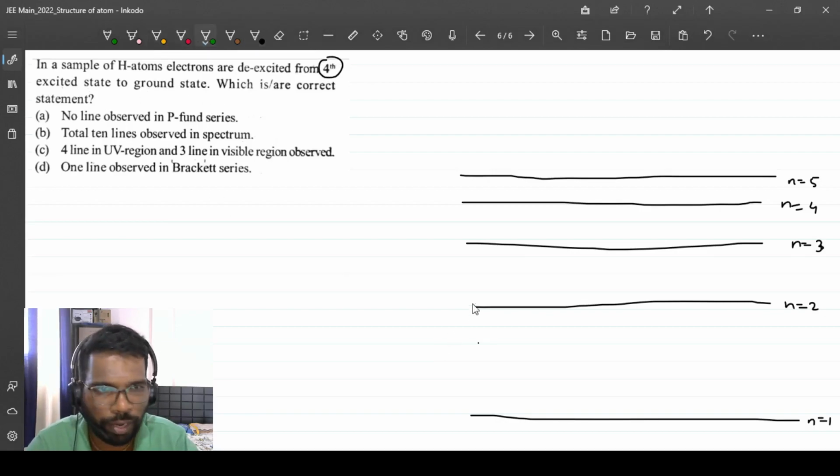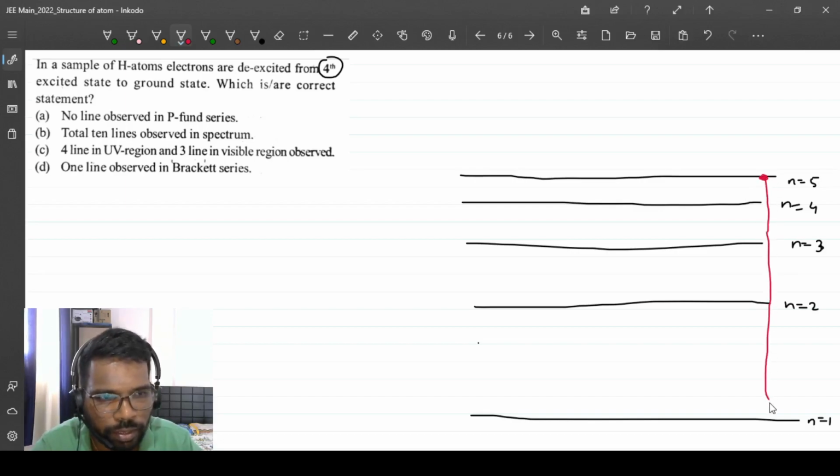Let's draw it: the electron is getting de-excited. I'll write here: de-excitation of electron from the fifth to the final state, that is, the first, the ground state.